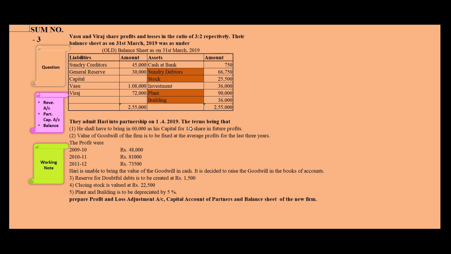Now for 1/4 share is given, so we'll calculate new profit sharing ratio. I'll show you here.